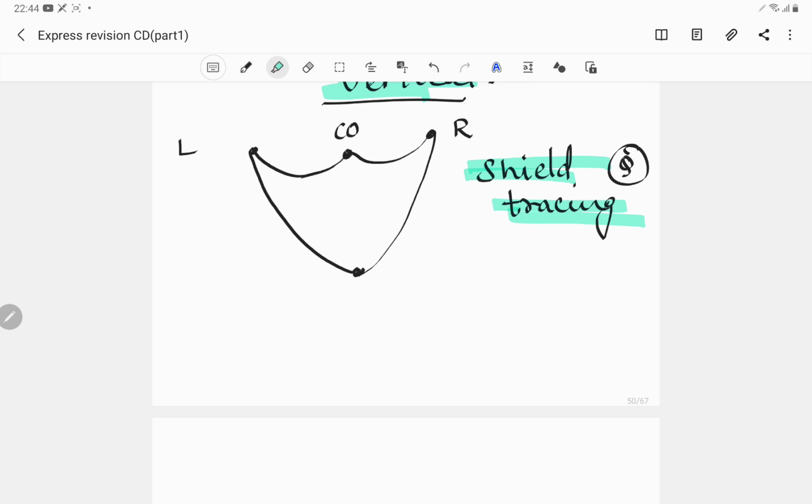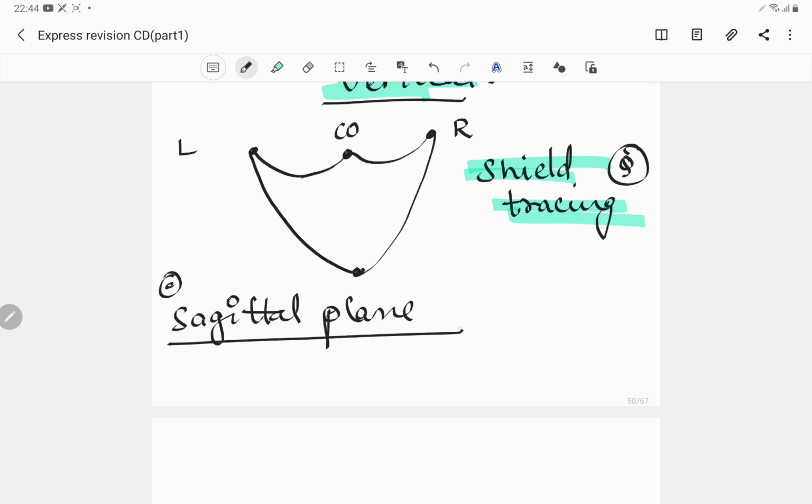And the next one we have is in the sagittal plane. So in the sagittal plane, the movement of the mandible is in the shape of beak tracing.